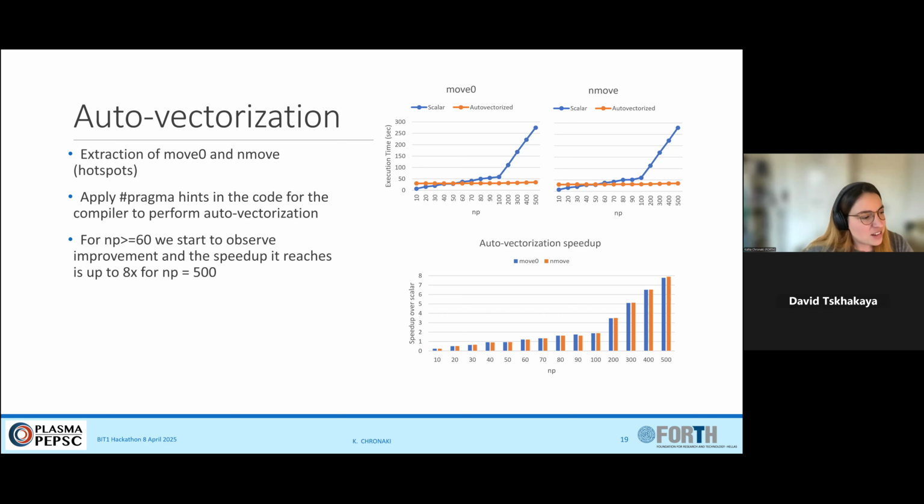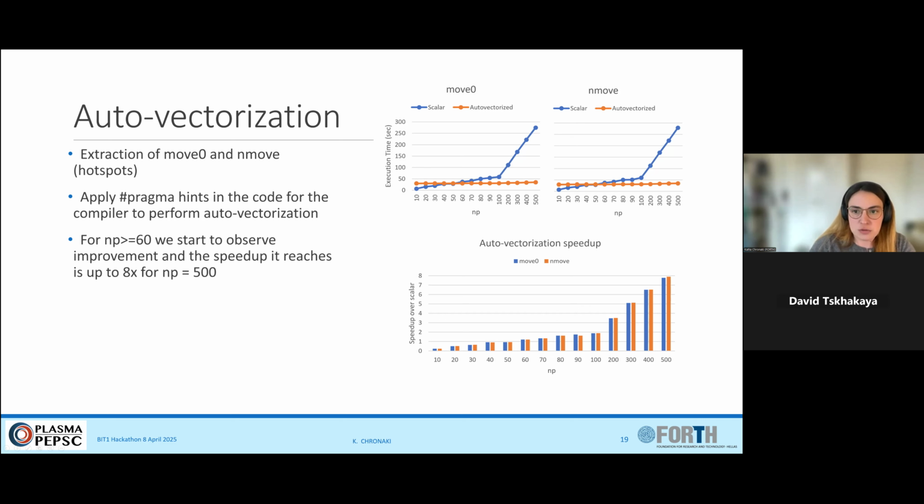And on the charts on the top, we can see the execution time on the y-axis and the number of iterations on the x-axis, which is the NP in BIT1, the number of particles. So we can see that when NP increases more than 60, the auto-vectorized version is faster than the scalar version.